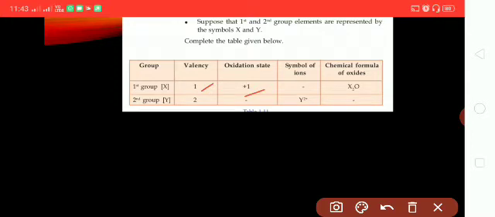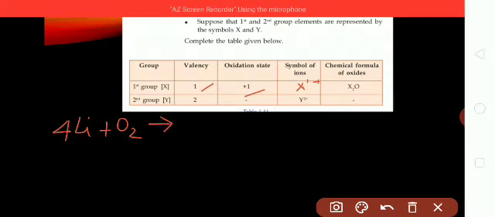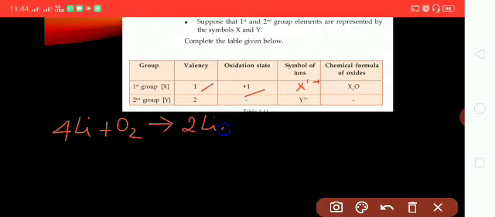The symbol of the ion of a first group element can be represented as X1+, and the chemical formula of the oxides formed from first group elements can be represented as X2O. If we consider an example of lithium reacting with oxygen to form lithium oxide, that is 4Li reacting with O2 to give 2Li2O.